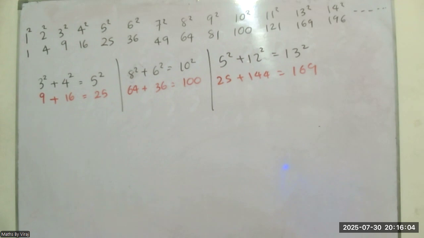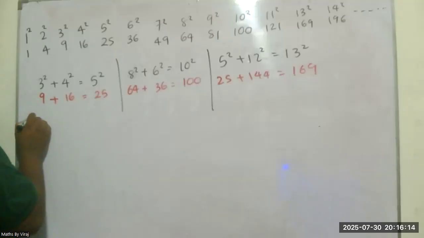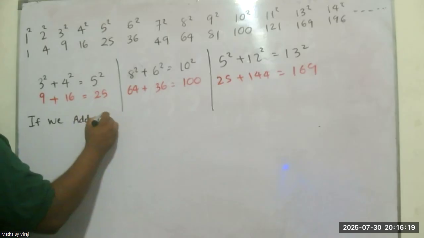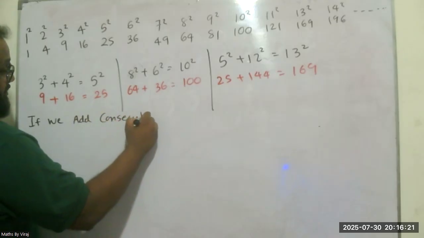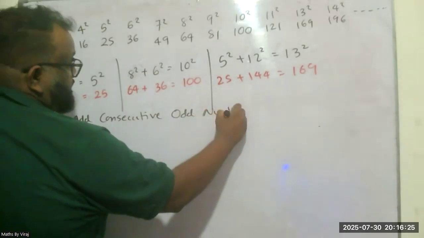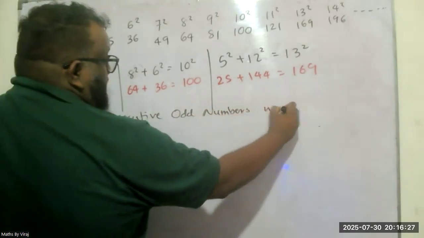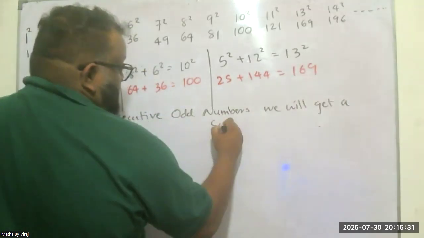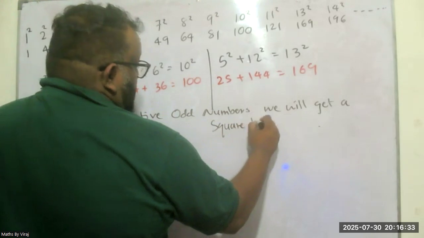Perfect. Now, when speaking of these odd numbers, if we add consecutive odd numbers, we will get a square term.